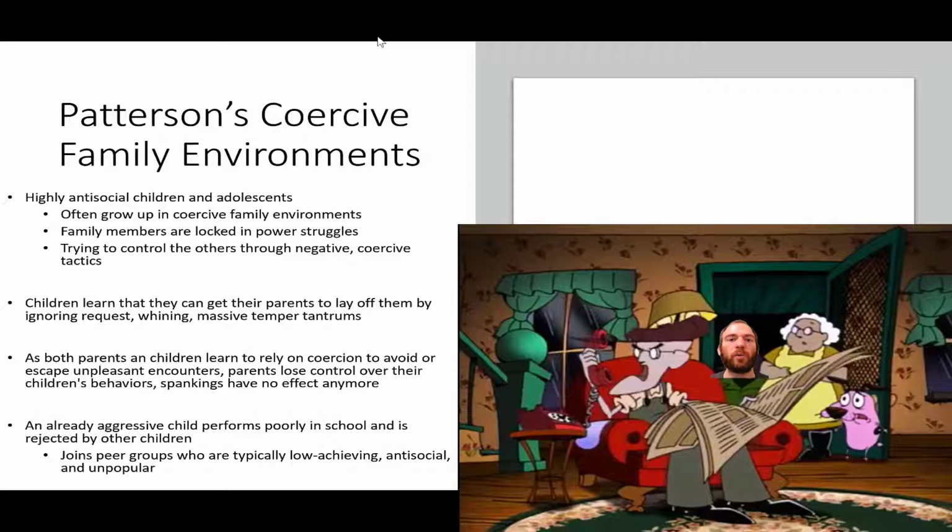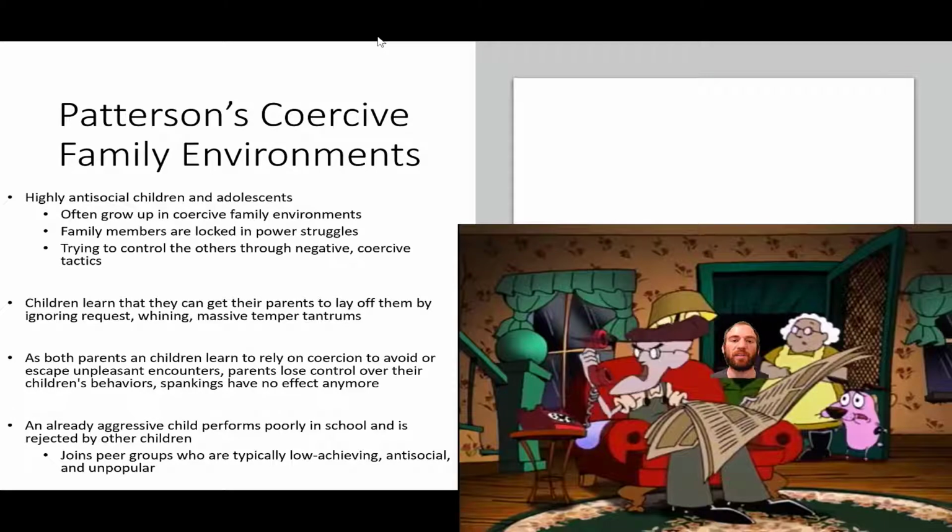So the general takeaway here is that individuals grow up in households that are coercive. All family members rely on coercion and are blocked in this power struggle for attention, for resources, not just economic, but social resources, and just trying to find their place in their household.